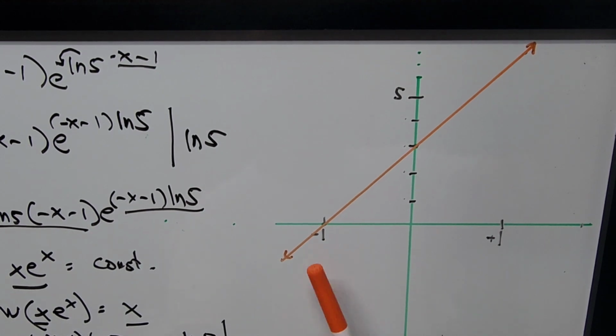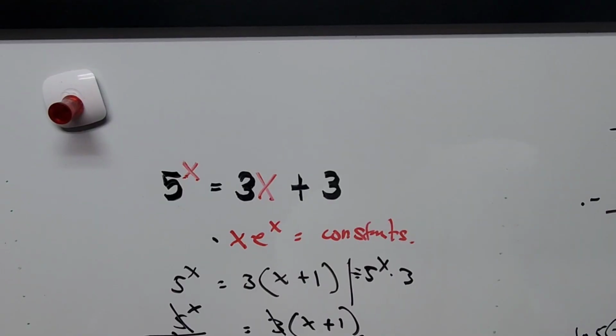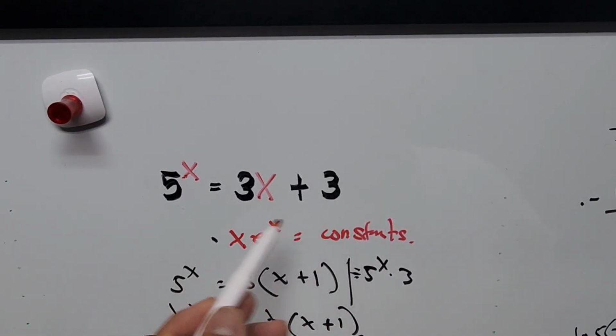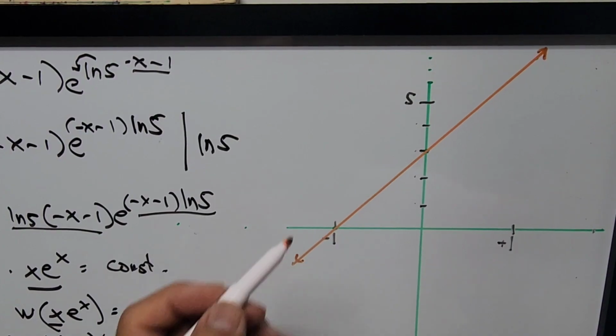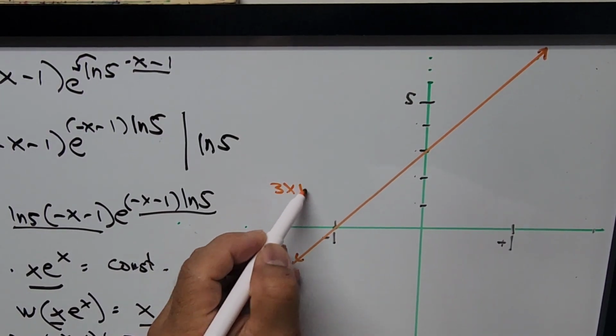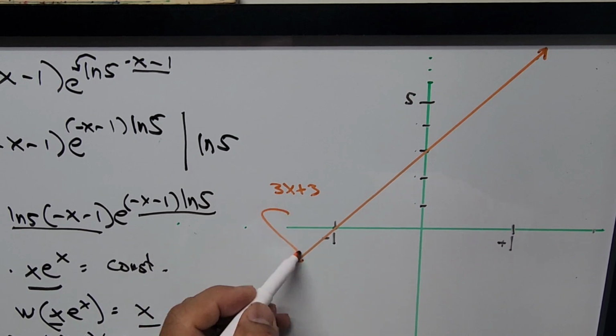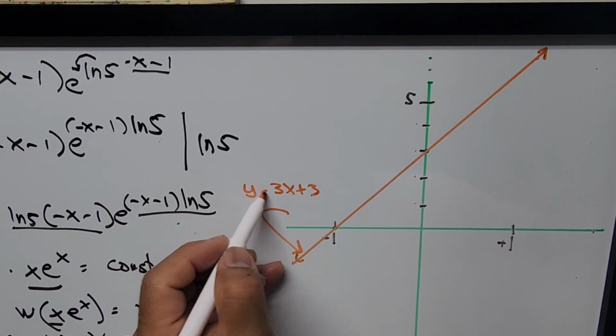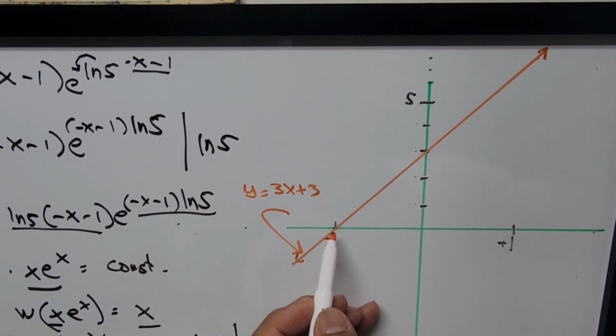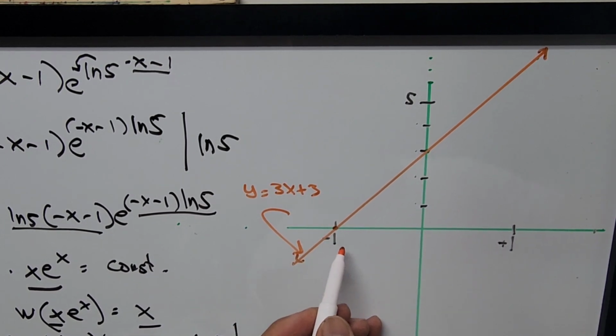So we have here the graph of the function 3x plus 3. So this is the right hand side of our equation. 3x plus 3 is a linear function. So that's the graph of it. At y is 0, we have x is negative 1.